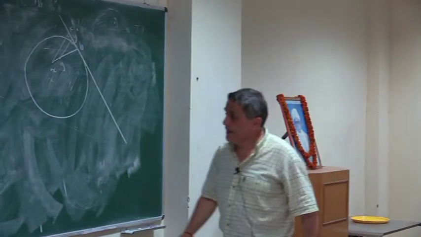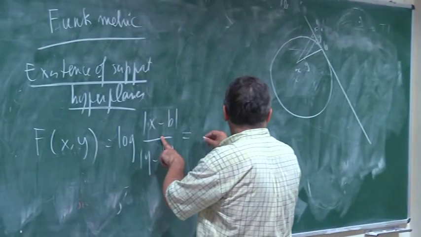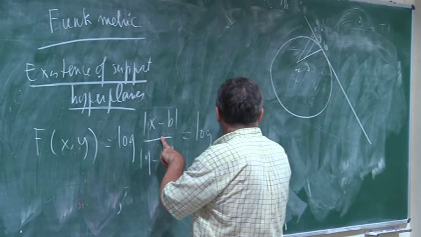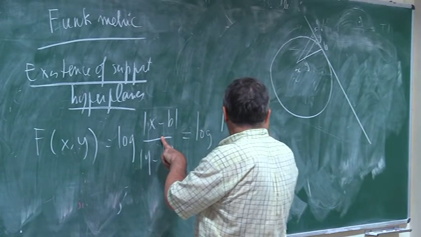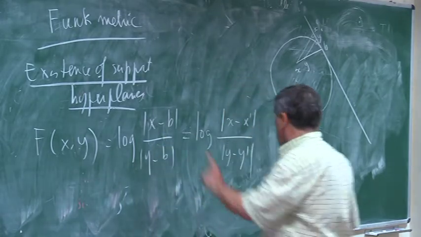Then I can write the Funk distance, which is the log of this divided by this, as the log of the distance from X to X prime divided by the distance from Y to Y prime.